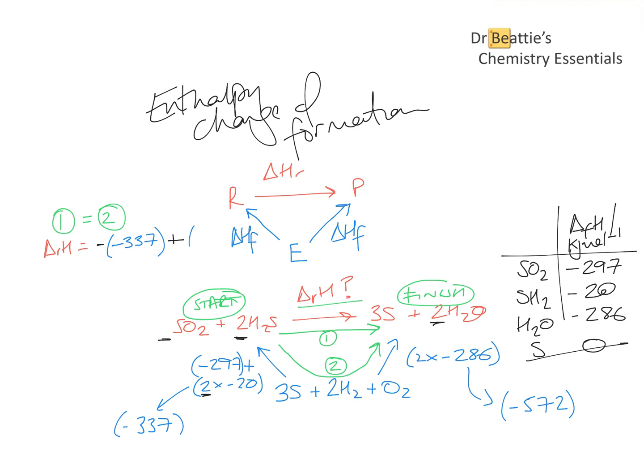So we put that in brackets. Again, just to remind you that most students make mistakes here by not using the brackets really carefully. Putting all this into a calculator, we get the answer of minus 235 kilojoules per mole.